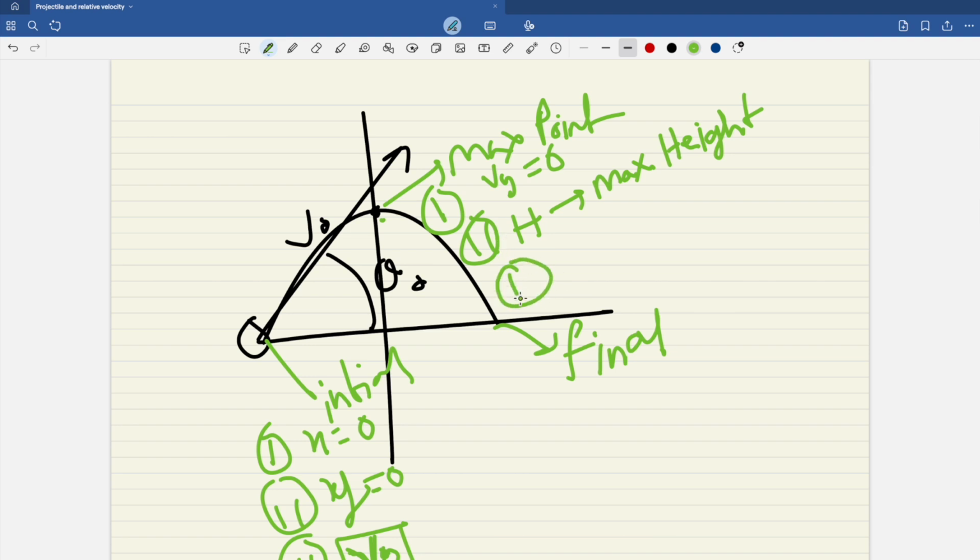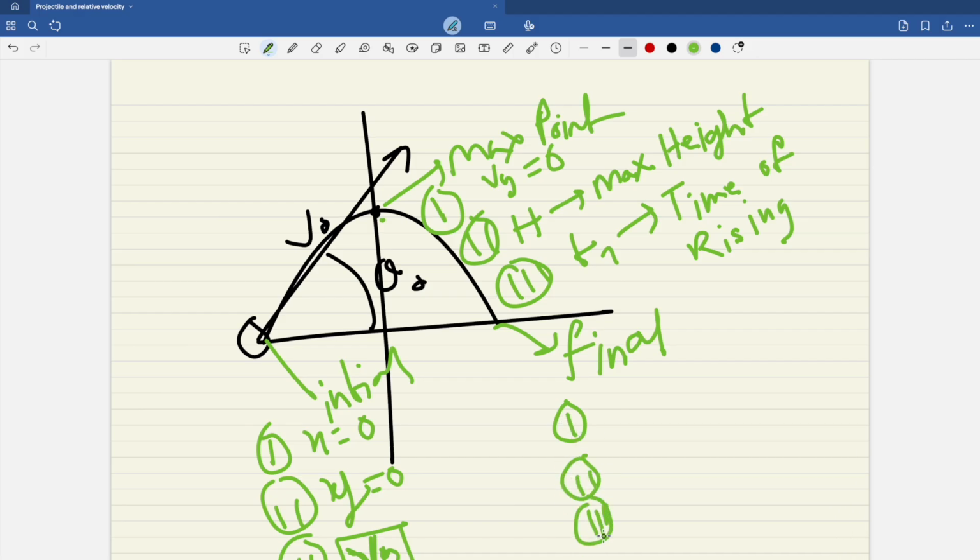And we got our T1, which is the time of rising. At the final point, the y becomes 0, and we get the T2 and the time of flight.